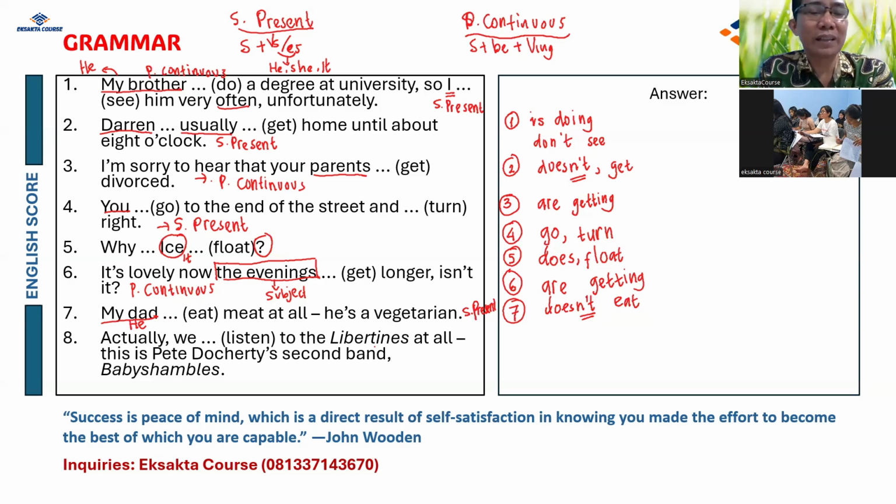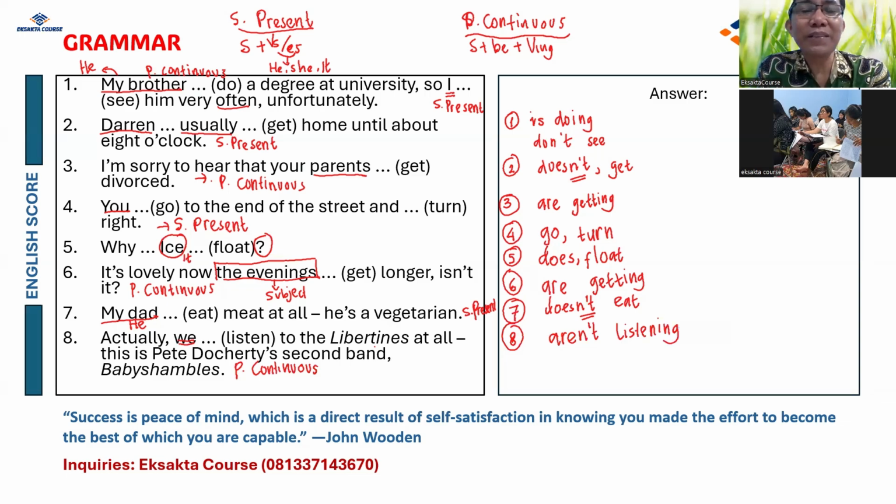Now number eight. Number eight, it is present continuous. Actually, we, blank, listen to the labyrinth at all. Here the answer, we know that we of course use are. We are listening, because it is present continuous, so the verb listen becomes listening.